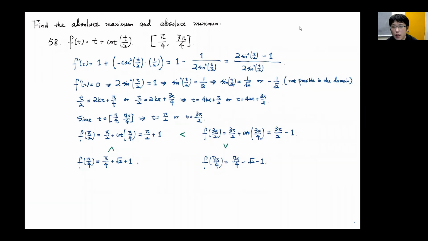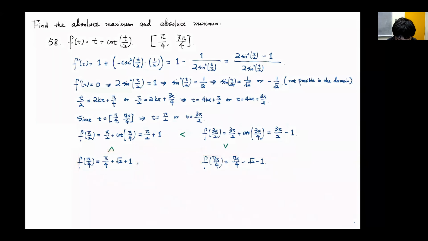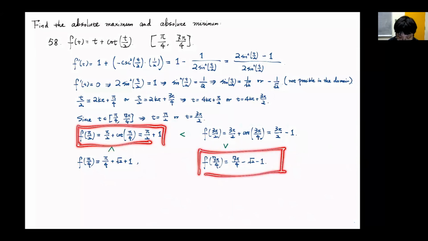All right, so these are the comparison results we currently have. Now let's see what we should do next. We can certainly investigate which of these two guys is larger, but that's completely unnecessary, because our point is to get the absolute minimum and the absolute maximum. And we know that the absolute minimum can only be either this guy or this guy over here. There are only these two options, because all the other guys are actually larger numbers.